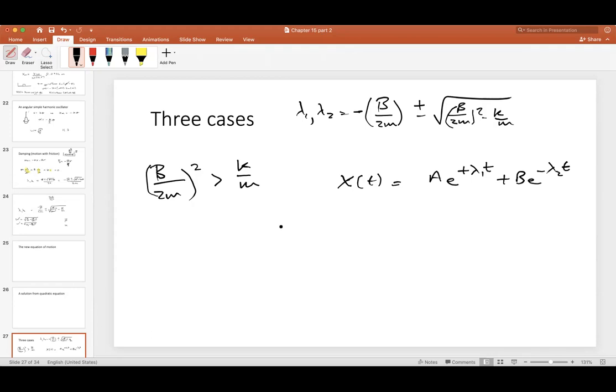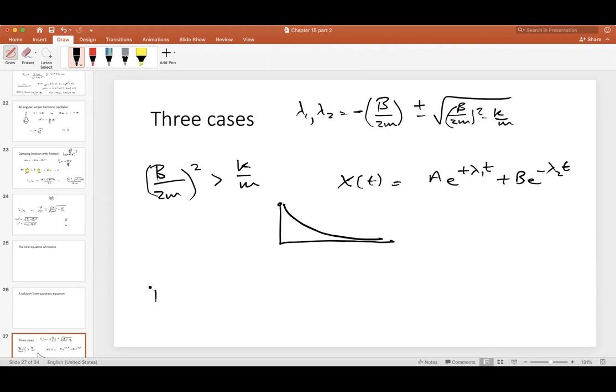And what this graph looks like is it starts at something, and it just dies exponentially, right? Assuming that the drag force is greater than the spring force. So what's actually happening is that the drag force beats the spring force, and the spring can't even oscillate, it just dies exponentially.